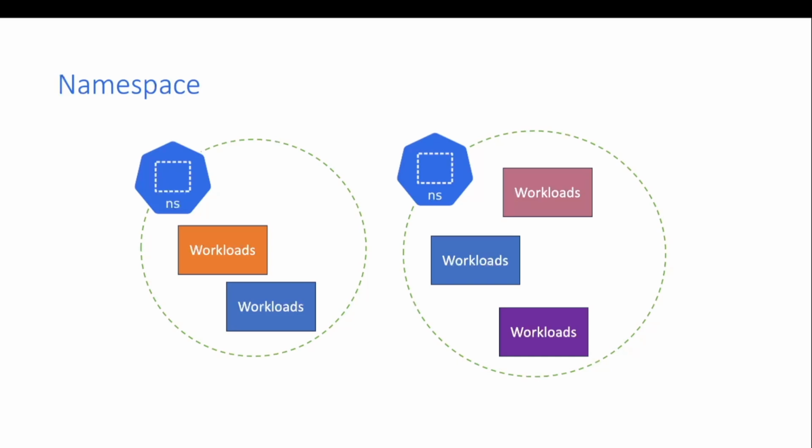No two resources or workloads can share the same name under a namespace. However, two different namespaces can have identical names of workloads. Say in namespace ns1, you can run a pod, say my pod, and in namespace 2, you can also run a pod named my pod.